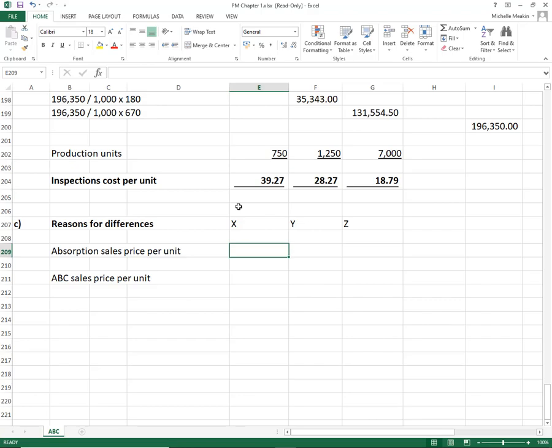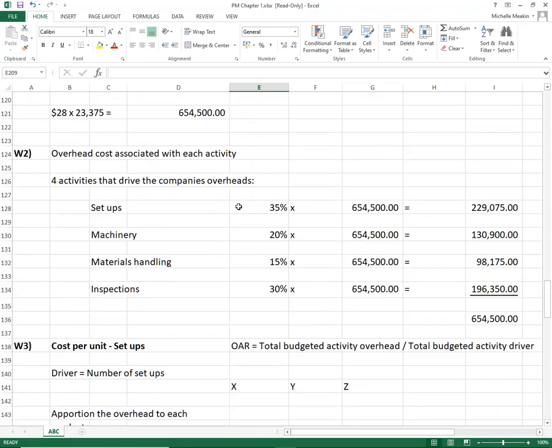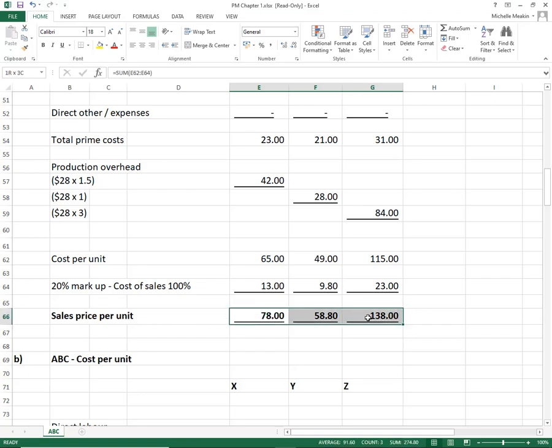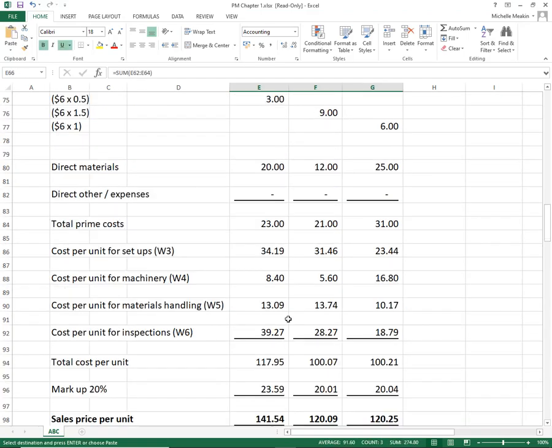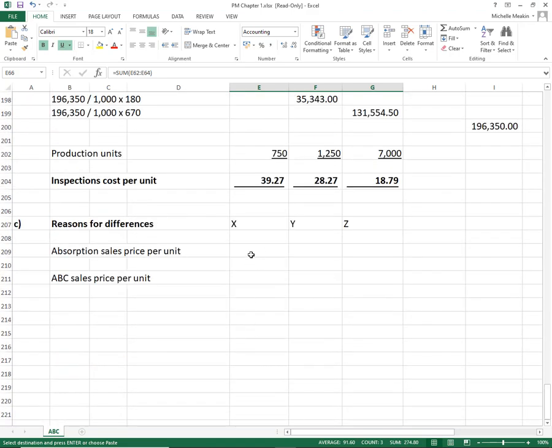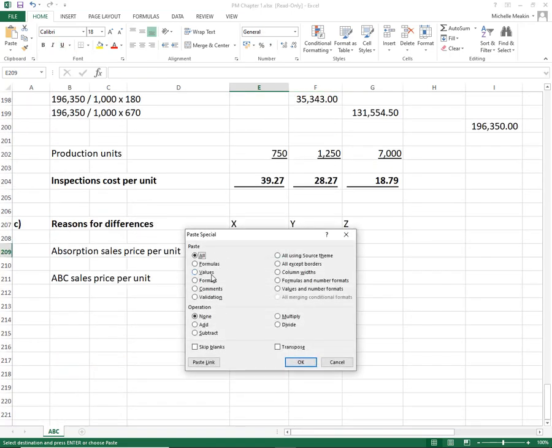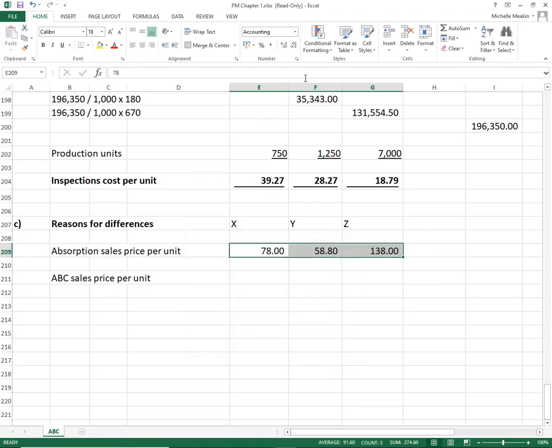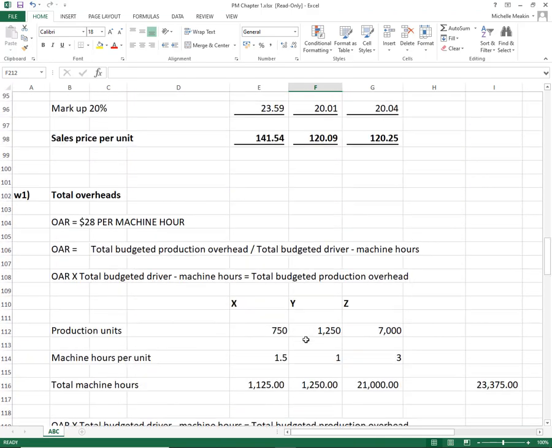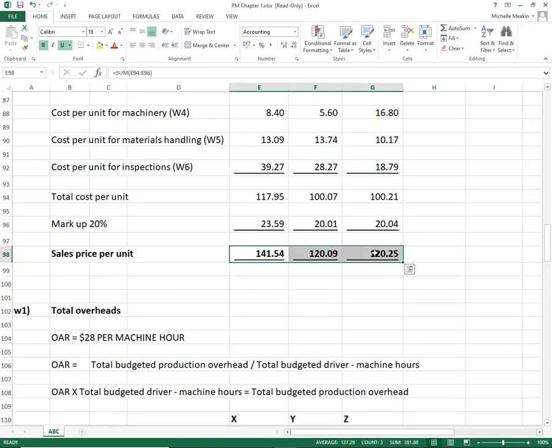So under absorption, right back to the start where we began, we came out with sales price of $78, $58.80 and $138. Whereas if we go back and we find our ABC that we've just completed, we've got very different sales prices for each of those units.